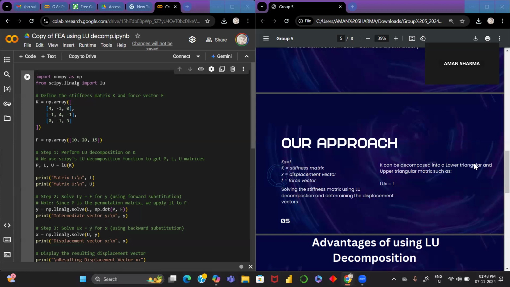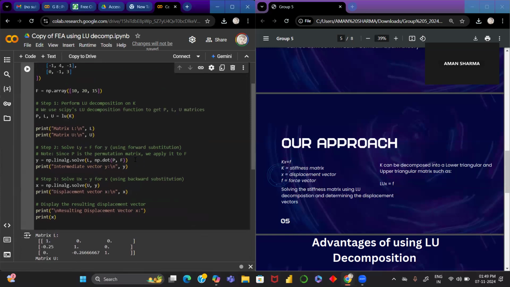Then we print the L and U matrices, and then we find the intermediate matrix Y. For this, we use the code np.linalg.solve of L comma np.dot of P and F. Then we get the intermediate matrix, and at last we want the displacement vector X. For this, we do np.linalg.solve of U and Y. Then we get the displacement vector.